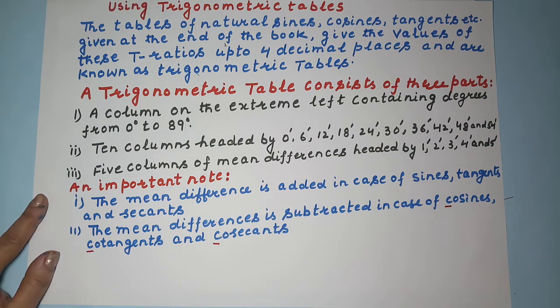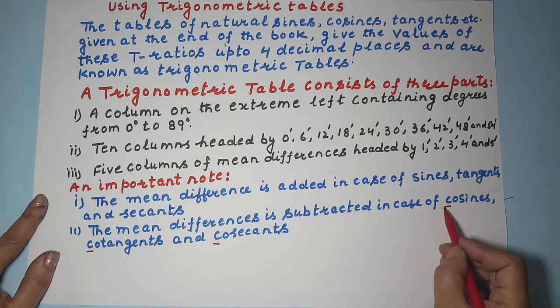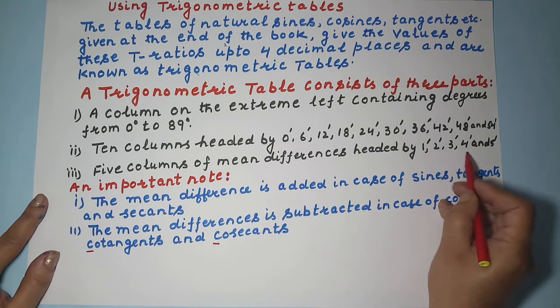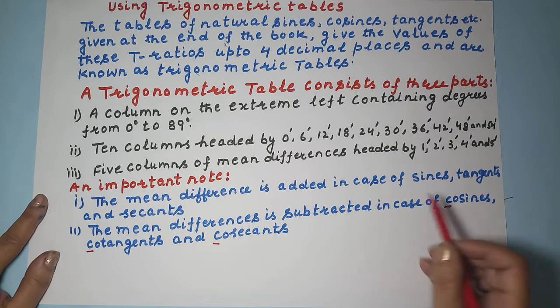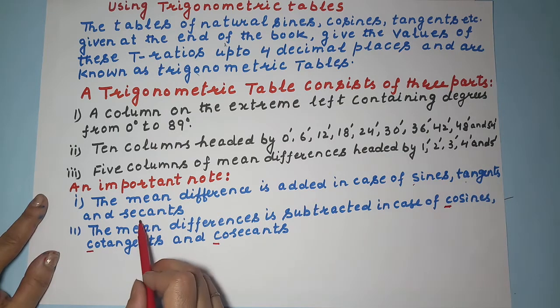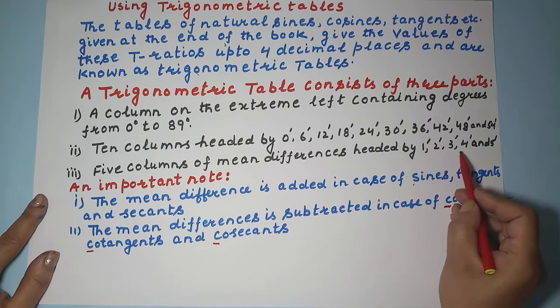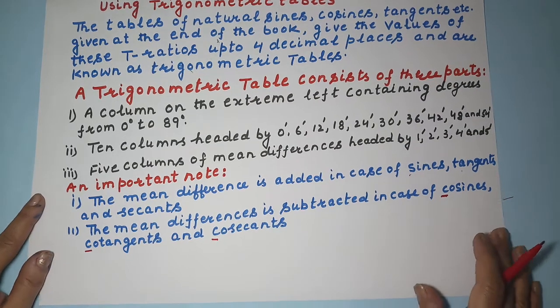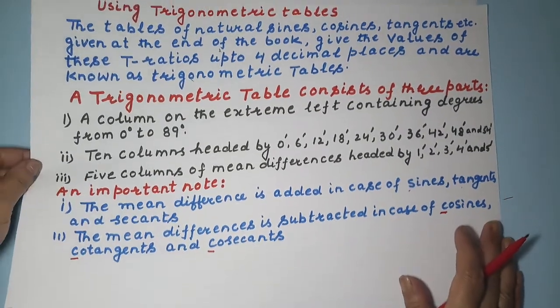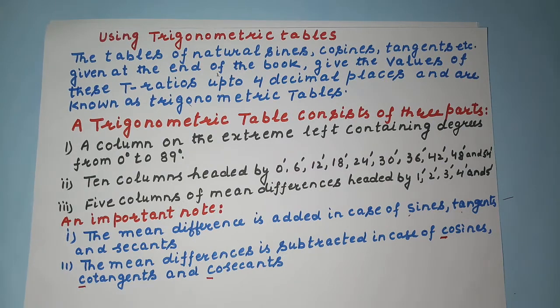It's simple to remember: whenever you have C, meaning cos, cosec or cot, the value of the mean difference is to be subtracted. For the rest 3, like sine, tangent and secant, you have to add the value from these mean differences, right? Okay, let's now take a look at the table which is given at the end of your book.